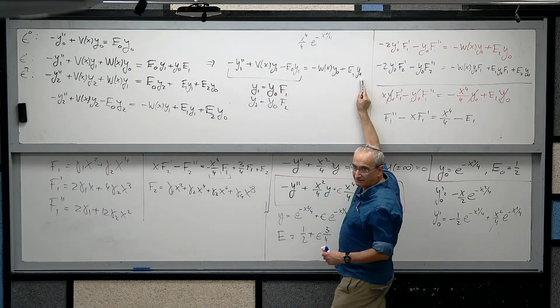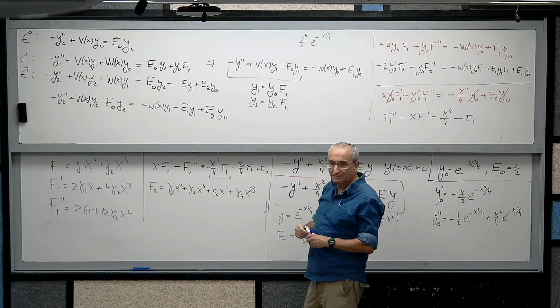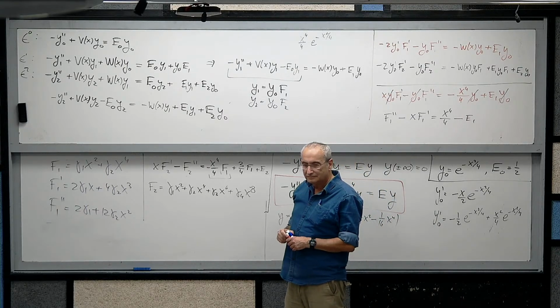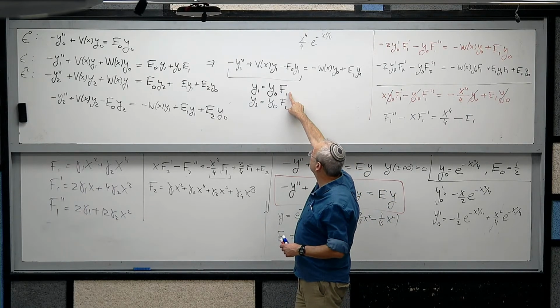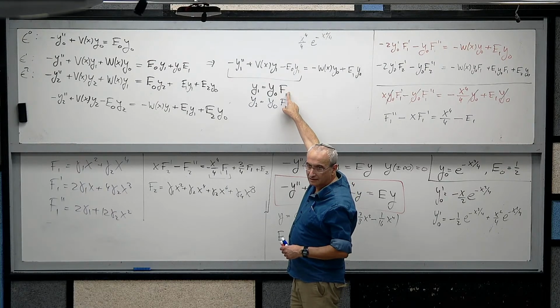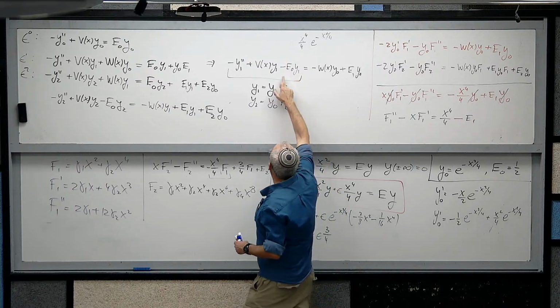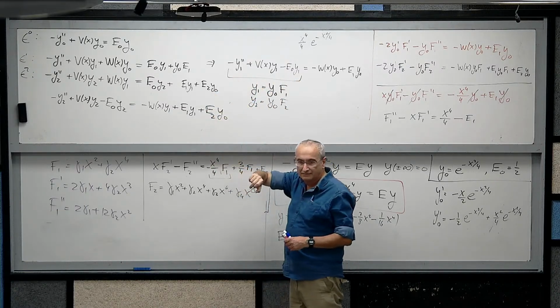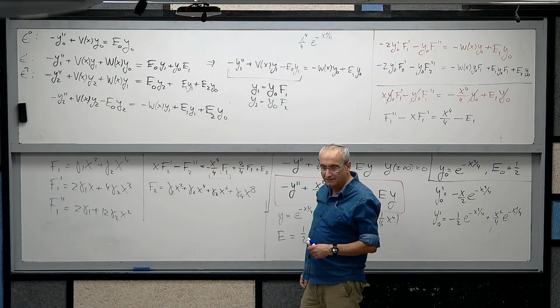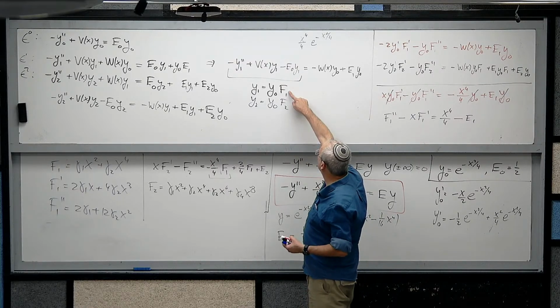Yes, but when you plugged in y1 equals y0 f1, you did it because you neglected the other solution. This will give me a first order equation on the left hand side. Sure, but you have 2 solutions and you neglected the other one. Yes. You said this one is correct up to the first order.